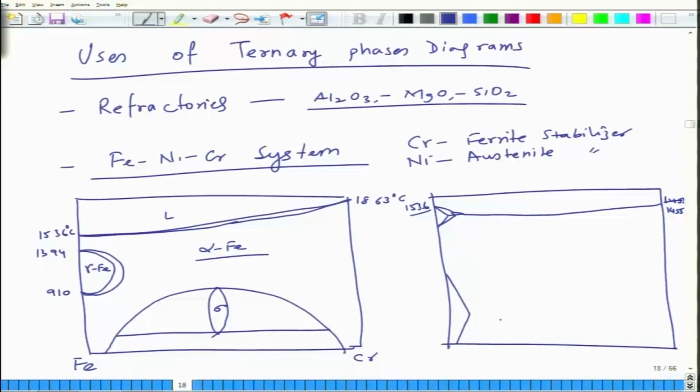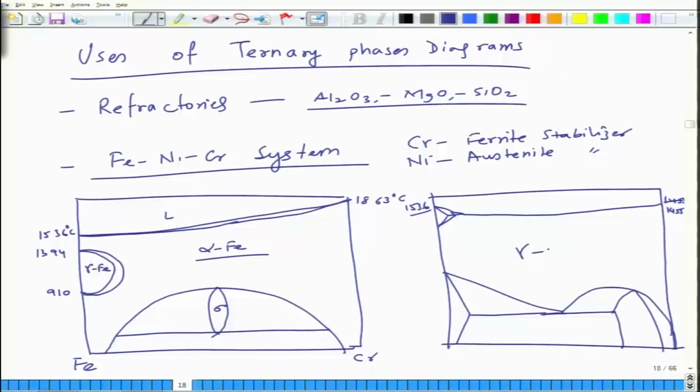It lowers the eutectoid temperature, tends to increase this particular point, and you can go to a higher percentage of nickel.